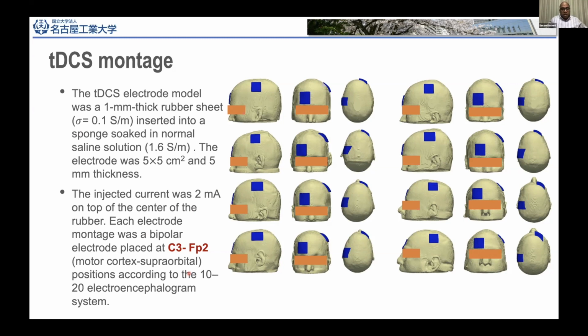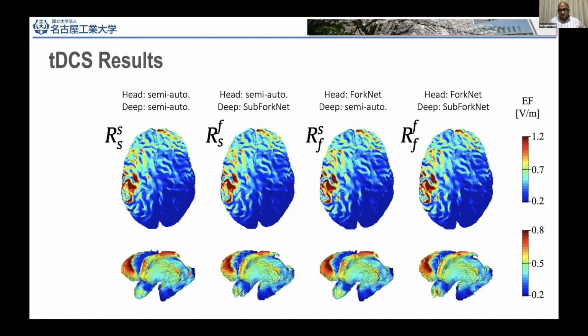And here you can look at the tDCS results. This is a distribution of electric field for one subject at different segmentation scenarios. On the left side, this is the segmentation using the semi-automatic method, which we consider as the golden truth segmentation. Next, the head tissues are segmented with the semi-automatic method and the deep tissues by Sub-ForkNet.